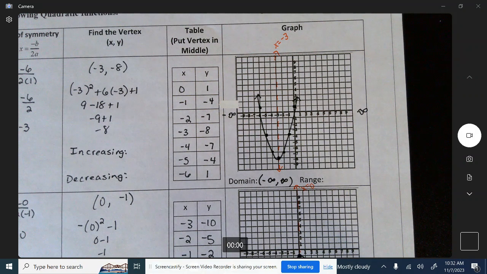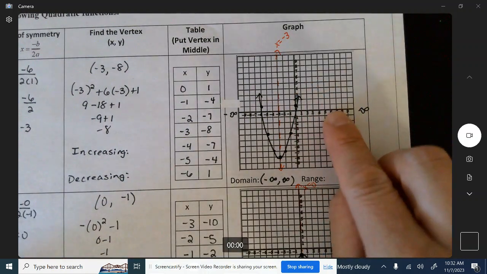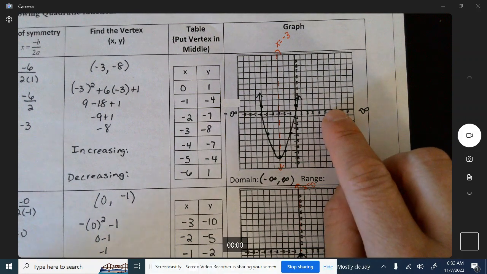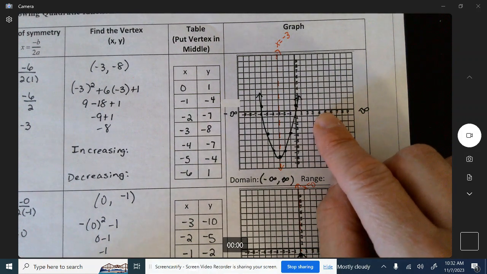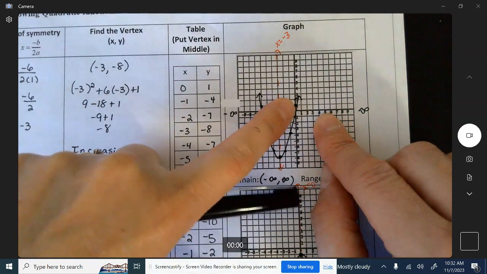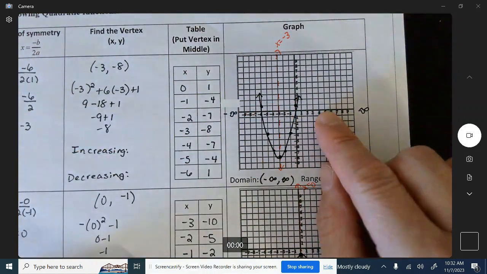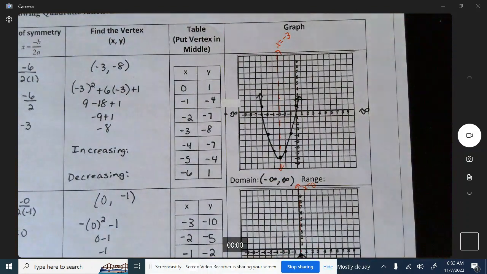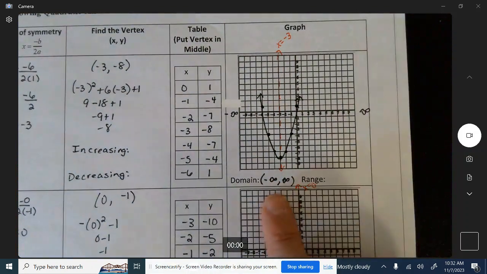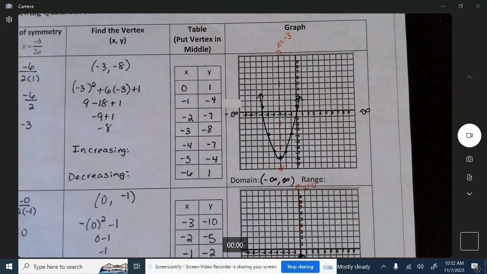Now, this is different than when we were talking about pumpkin chunking, because the domain for pumpkin chunking had a place where it started and a place where it ended. So if it hit the ground after, say, 5 seconds, then our domain was from 0 when it left the catapult to 5 when it hit the ground. But when we're talking about the domain of just a general quadratic function, the domain will always be negative infinity to positive infinity. Now, that's x values.